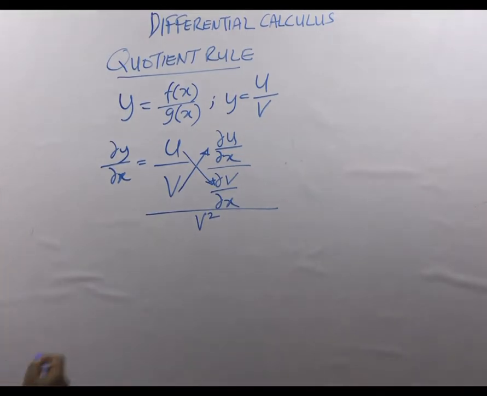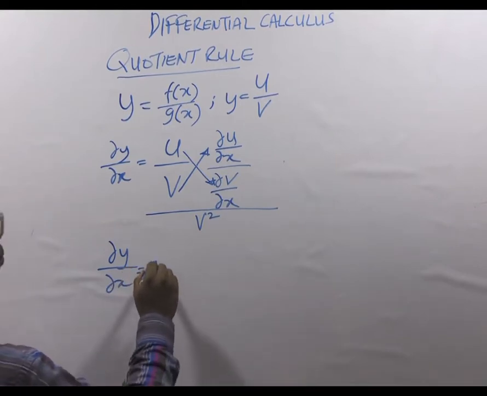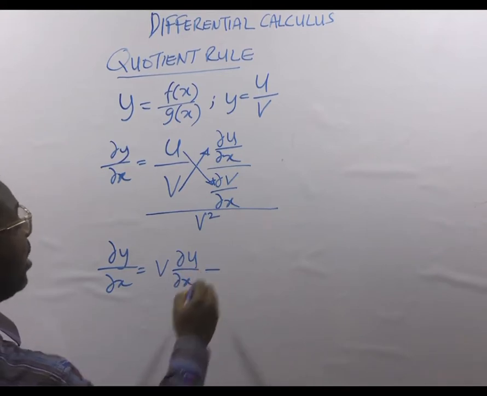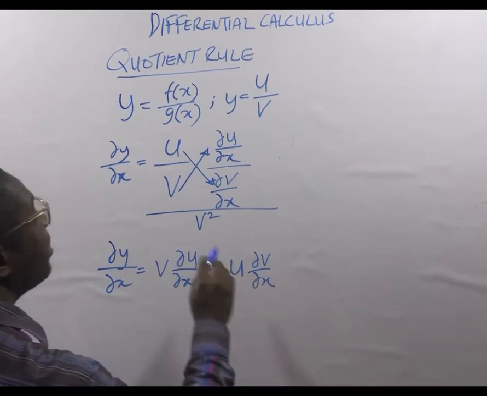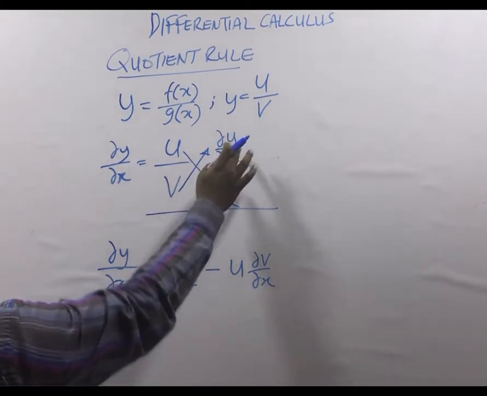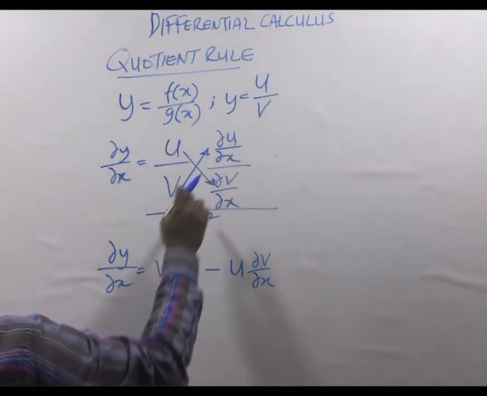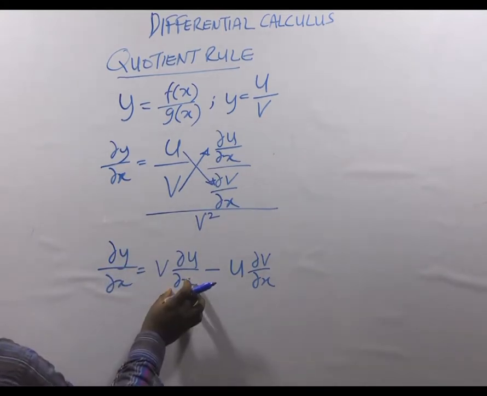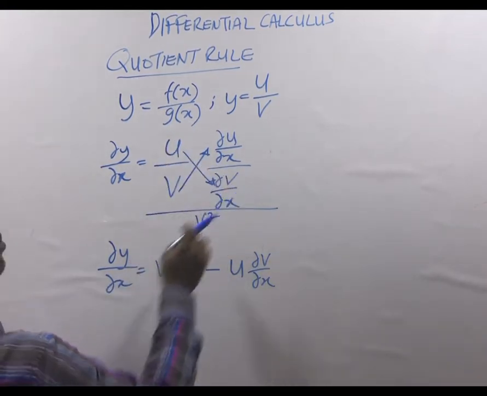So the answer when we want dy/dx will be v times du/dx minus u times dv/dx, that's v times the derivative of the numerator, minus the numerator times the derivative of the denominator.